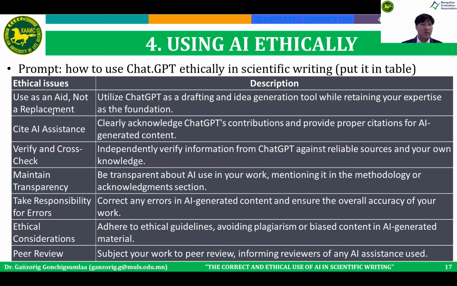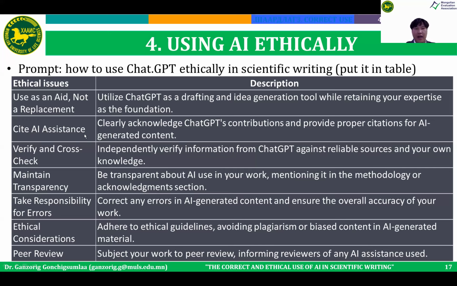Also, if you use AI, cite AI assistance, so clearly acknowledge ChatGPT's contribution. This is ethically correct: if you use AI, then you have to admit it. So I use AI for this part, for this prompt, and it gave me these results.